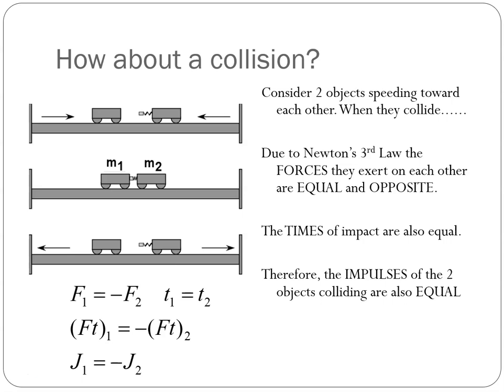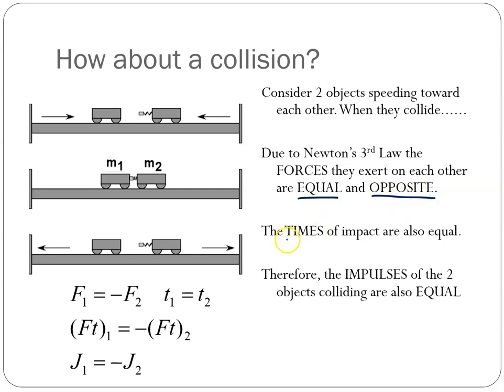So if you think about what's happening when we have two objects moving towards each other. So we have our two carts moving towards each other. And when they actually collide, due to Newton's third law, the forces they exert on each other are going to be equal in magnitude and opposite in direction.